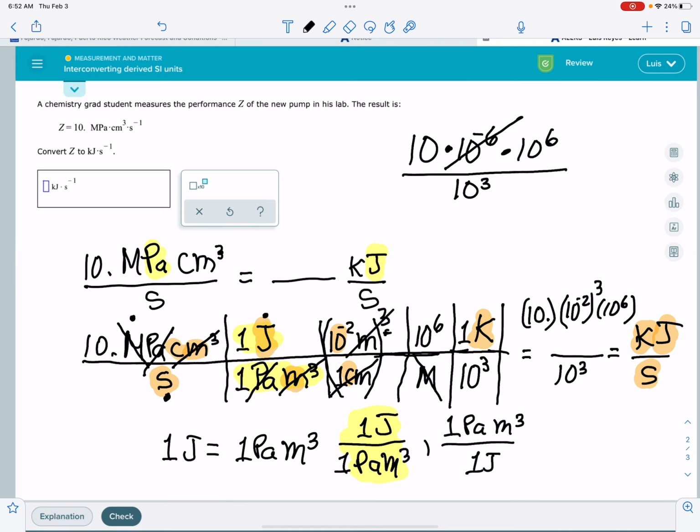The 10 to the minus 6 cancels the 10 to the 6. You see why it was so important that we do the math review at the beginning?